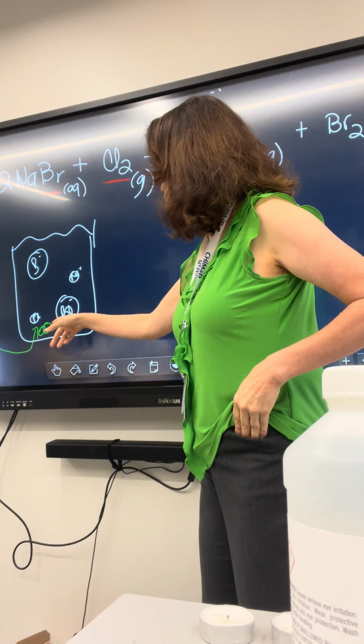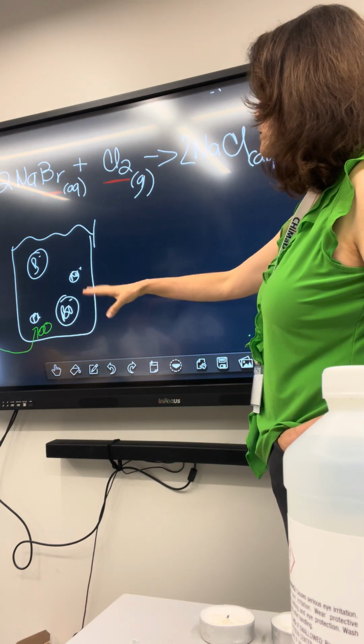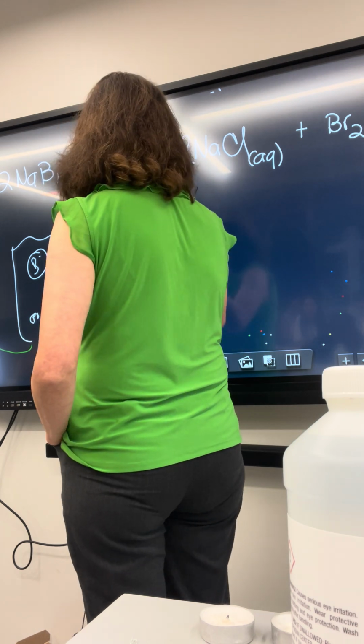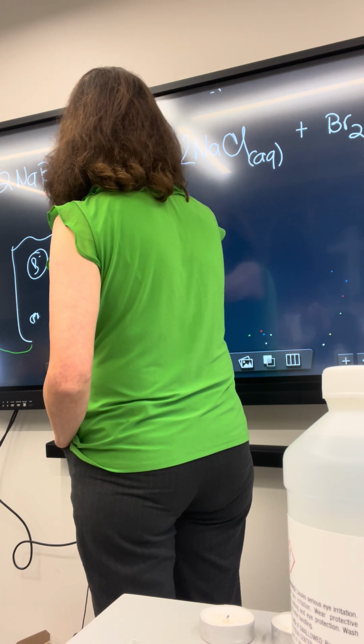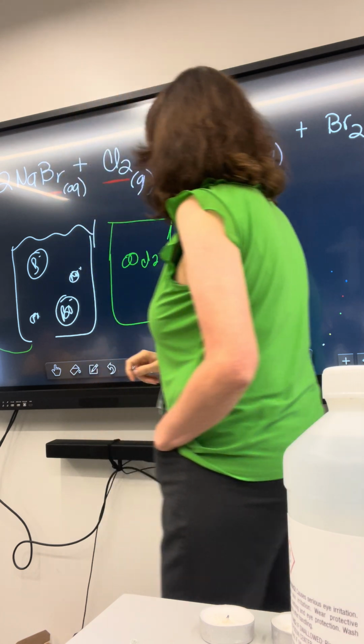So when the chlorine runs into the bromide, well, I put them both together. In the reactants, I really should have put the chlorine over here as a gas, in a closed container. That would be your Cl2.